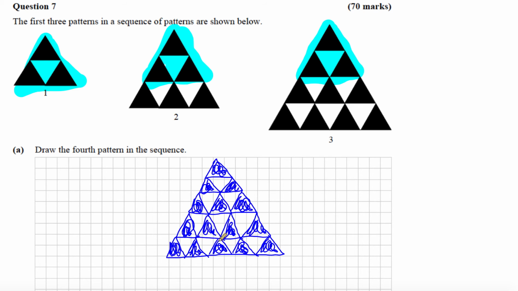So we can see now we've got this extra layer of 5 dark ones along the bottom and the 4 clear ones. So that's the 4th pattern drawn.